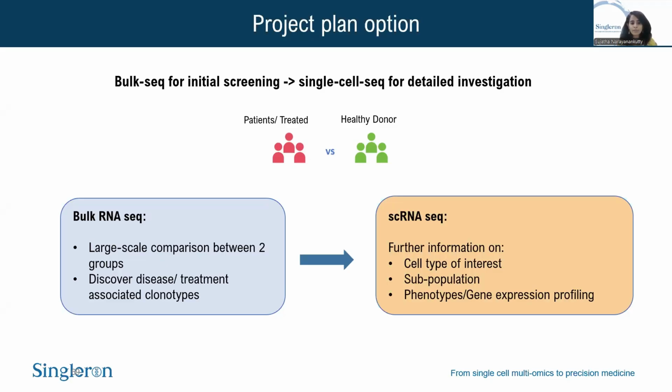You can use that information, and if you've discovered something, certain genes, etc., you can then use single-cell sequencing to further dig into that and understand the cell types that could be playing a role in those genes that you discovered, or subpopulations, and then look at gene expression and the phenotypes related to that. So this is an option where you already have bulk data, and from there you can zoom into doing single-cell work and get further insights into your data set.